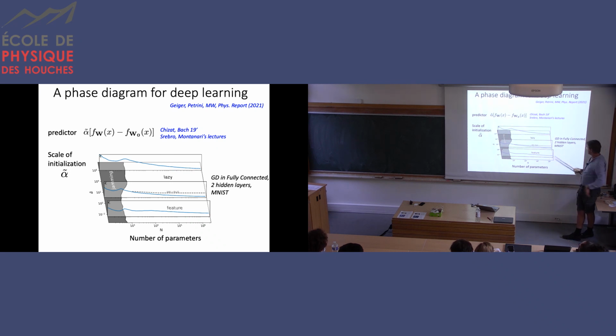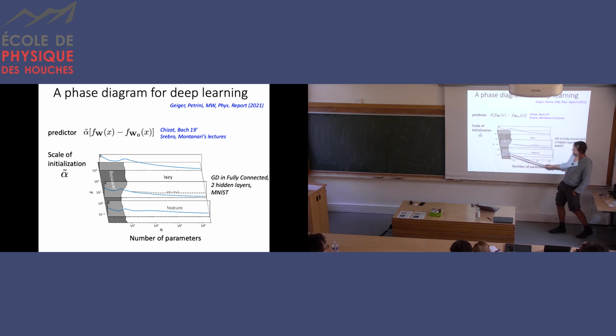Here, it's just gradient descent, fully connected with 2 hidden layers, on MNIST. To think about this question empirically, we think about 2 parameters as being important, and I think they were discussed quite a bit also at least by Nati and maybe Andrea as well. One is the number of parameters, useful to think about over-parameterization, but the other one is the scale of initialization, which I call alpha tilde here.